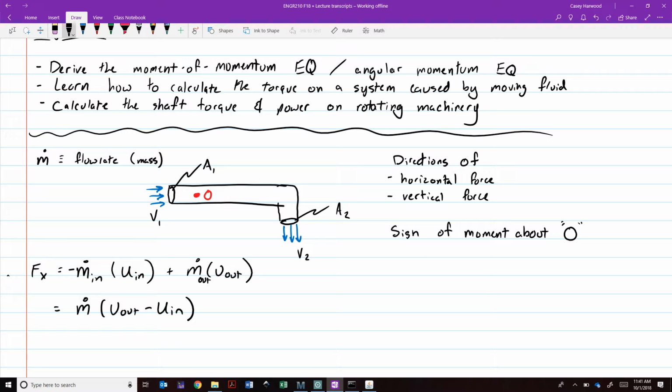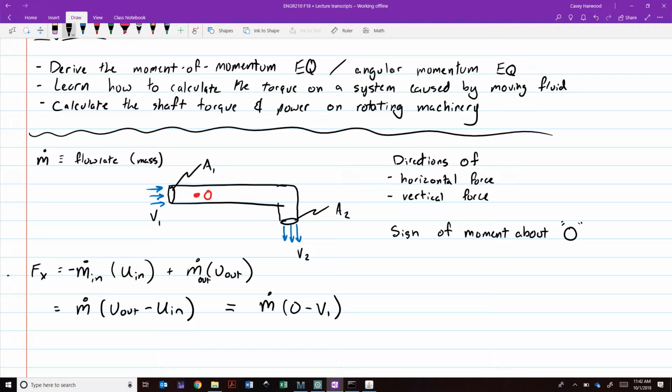This tells you the difference in momentum going out of the system from that going into the system in the x direction. At the inlet, our u inlet is v1. At the outlet, there's no x component. So this turns into m dot times 0 minus v1.